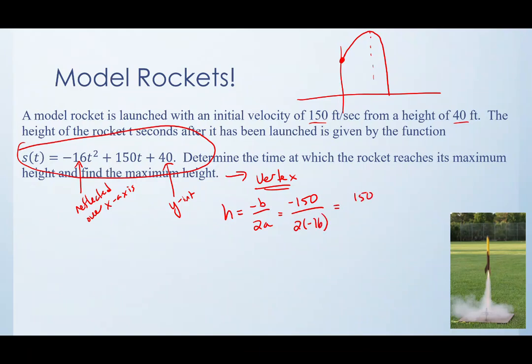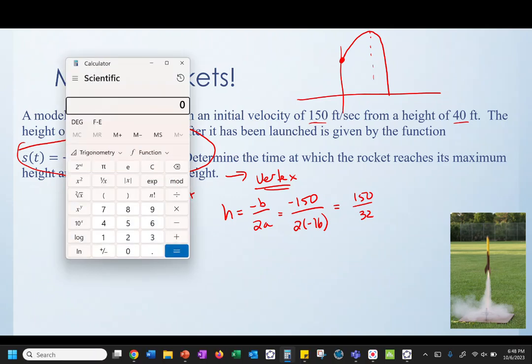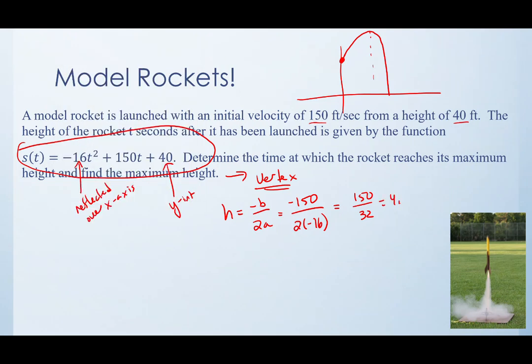The negatives will cancel, so 150 over 32. Let's see, 150 divided by 32, so about just under 5 seconds, 4.6875. That is time, so that's just seconds.